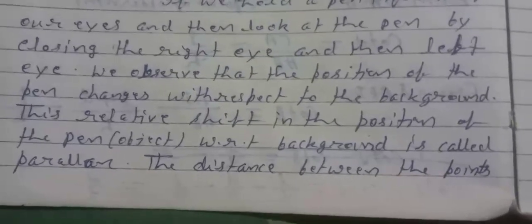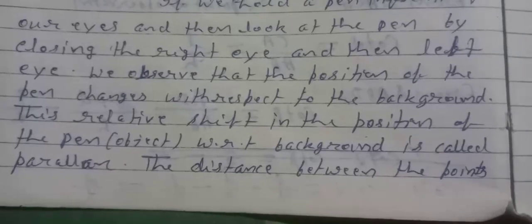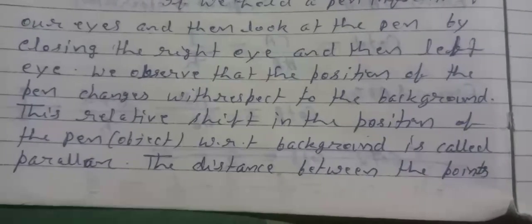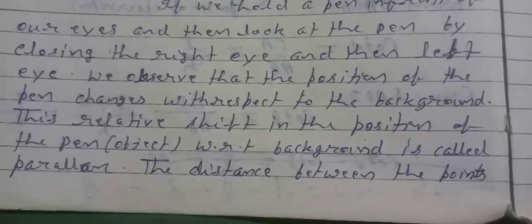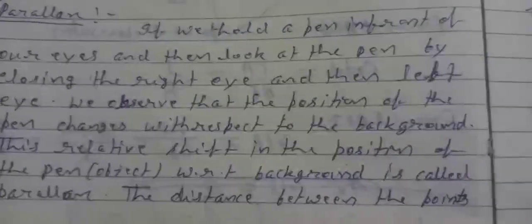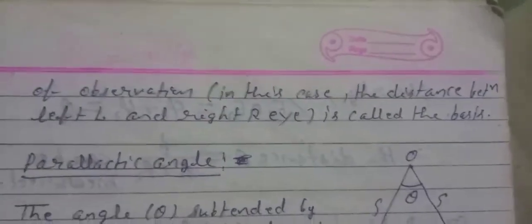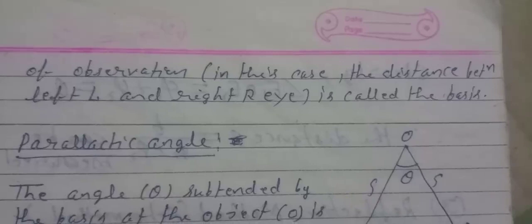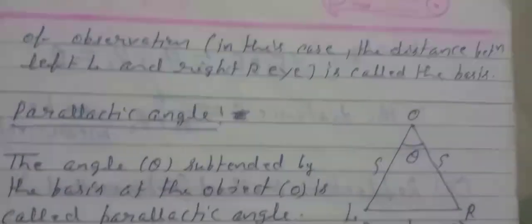This relative shift in the position of the object with respect to the background is called parallax. The distance between the points of observation, in this case the distance between the left eye and the right eye, is called the basis.